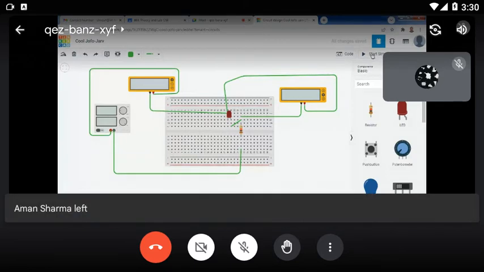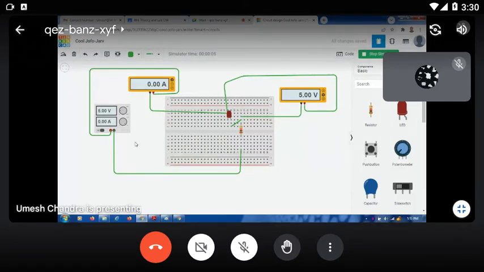Now start simulation. When you give the cycle there is no current. Sorry. The cathode is negative and the anode is positive.